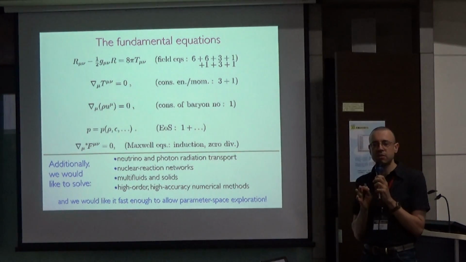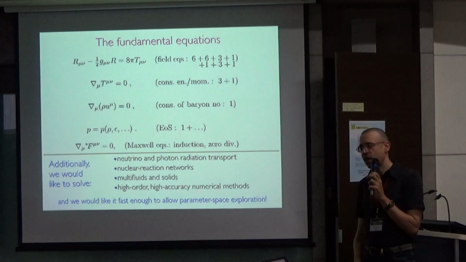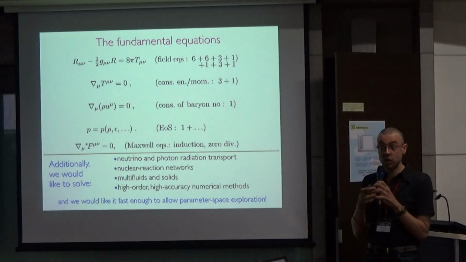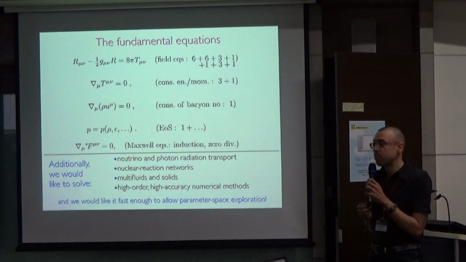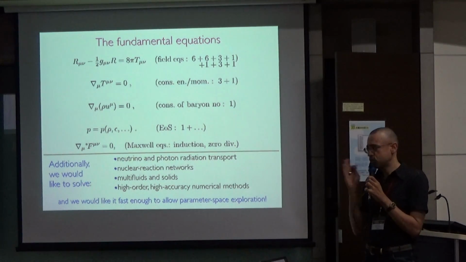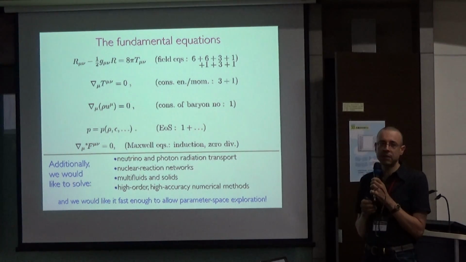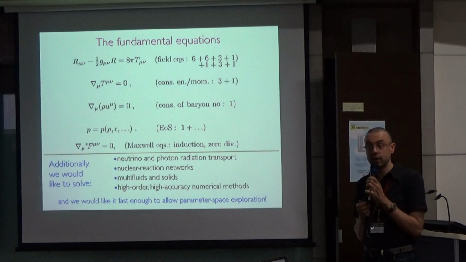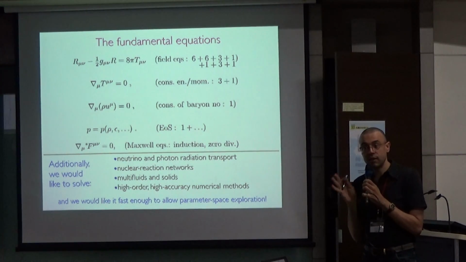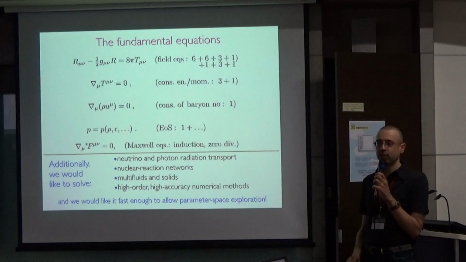The mesh refinement is not enough to go to this extreme mass ratio. We can go to some mass ratio. I don't remember, it's been done, maybe like 30 to 1, 50 to 1, something like that. I think it's been done. Not here.